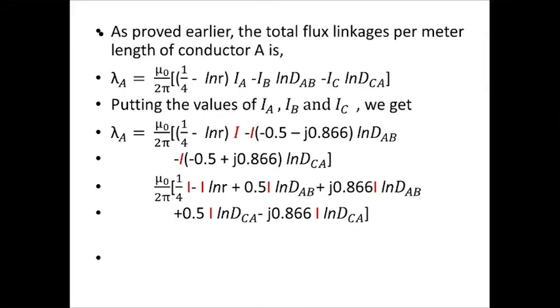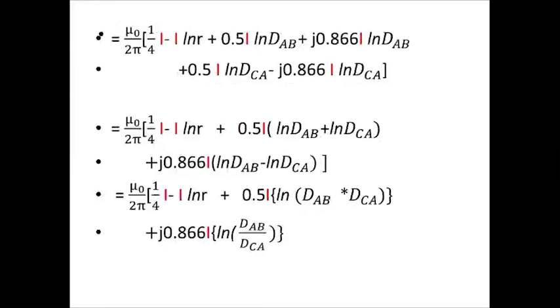Now, rearranging the terms, we get mu0 by 2 pi into 1 by 4 I minus I log R plus 0.5 I log DAB plus j0.866 I log DAB plus 0.5 I log DCA minus j0.866 I log DCA.